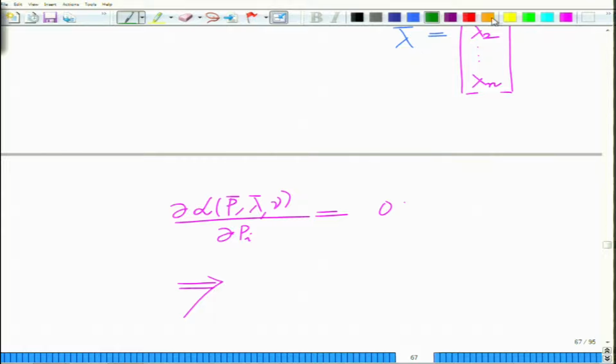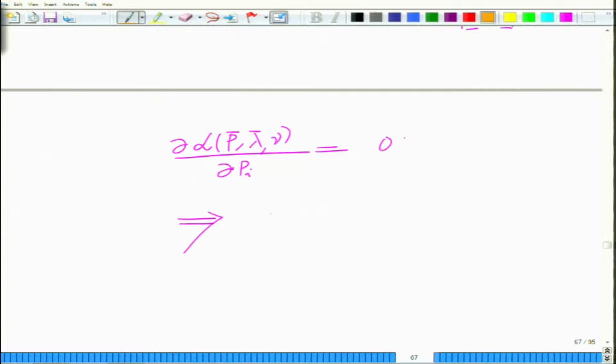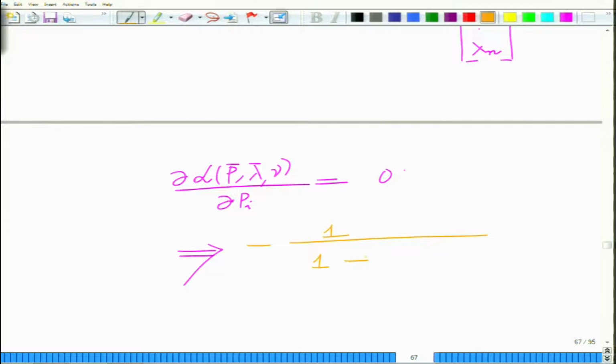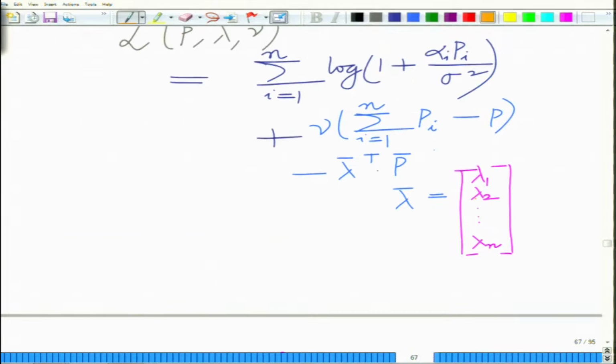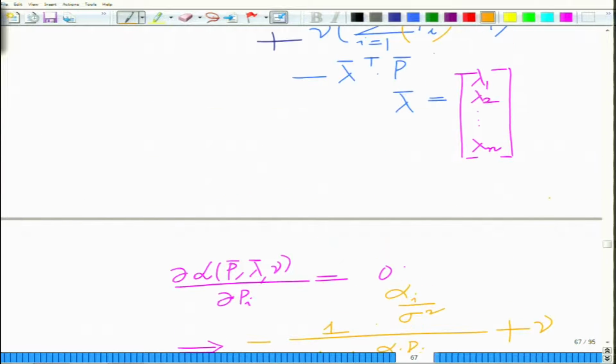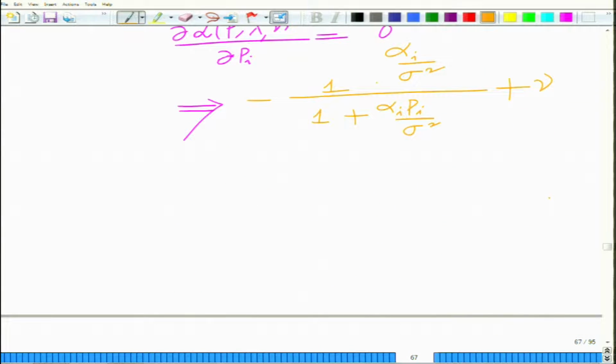What you obtain is minus 1 over 1 plus alpha i Pi by sigma square, times alpha i by sigma square, that is the derivative of the log, plus nu, the Lagrange multiplier, when you differentiate with respect to Pi, and the partial derivative of minus lambda bar transpose p bar with respect to Pi is simply minus lambda i, which is equal to 0.